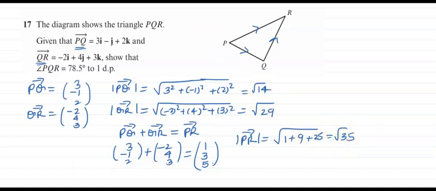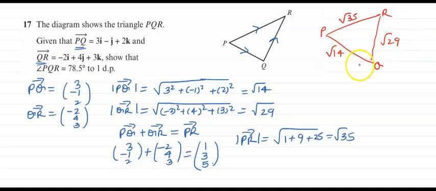Okay, now we know length, right? So we can apply cosine rule here. It is P we know, R we know, Q we know. So PR is root 35, PQ is root 14 and QR is root 29, and they're asking you to find angle PQR, that is suppose X. So we can apply cos of X here.